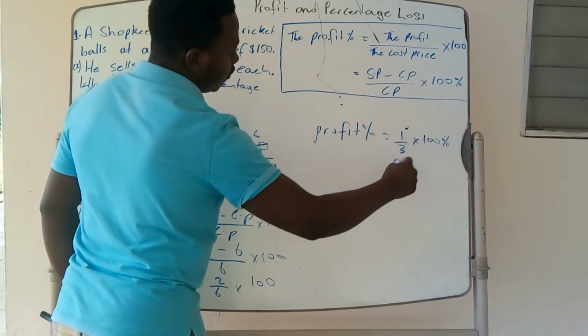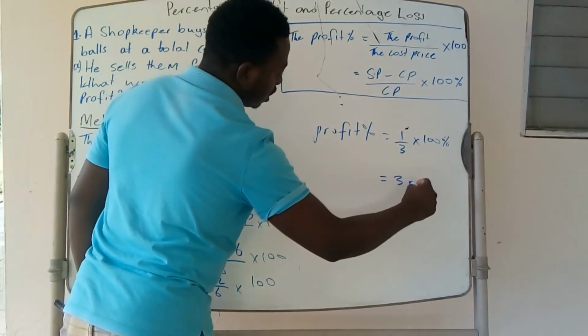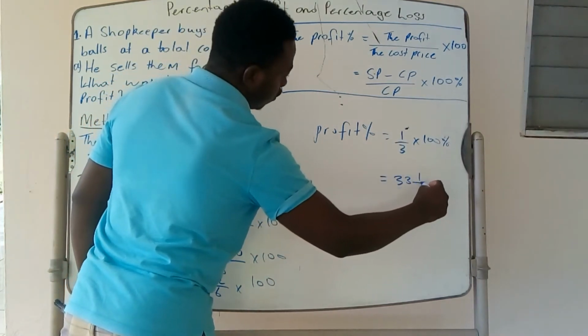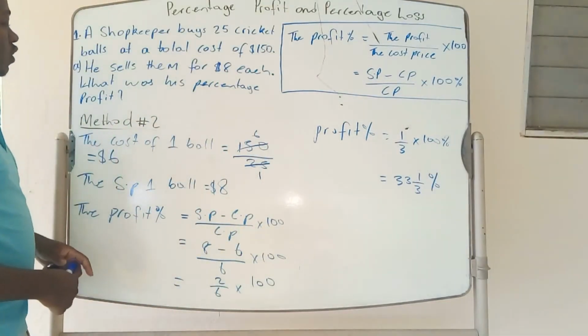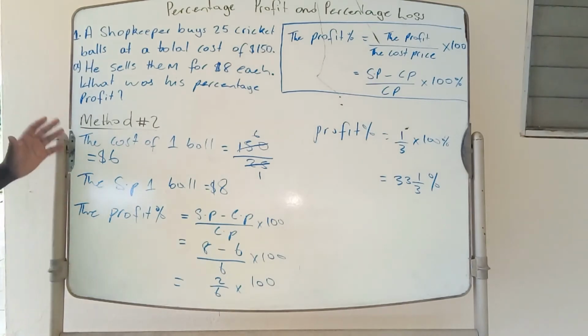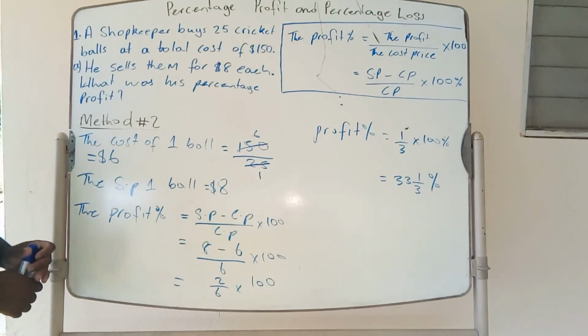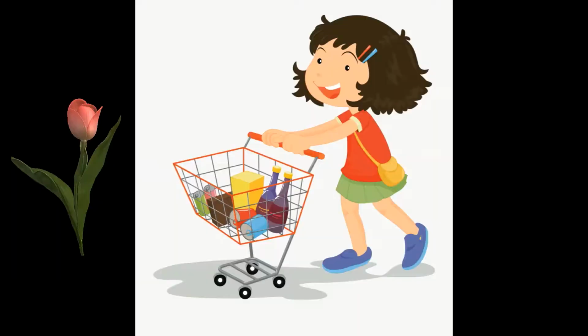And 1/3 of 100% is equal to 33 and 1/3%. Alright? So that's how you could use method 2 to determine the profit percent.